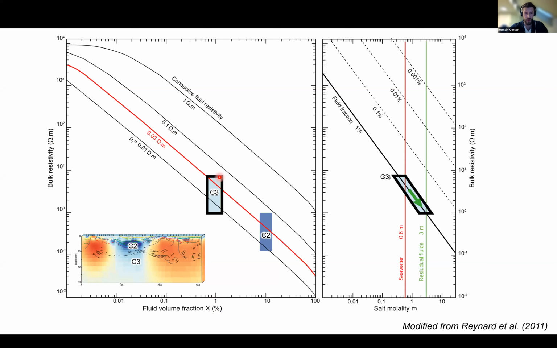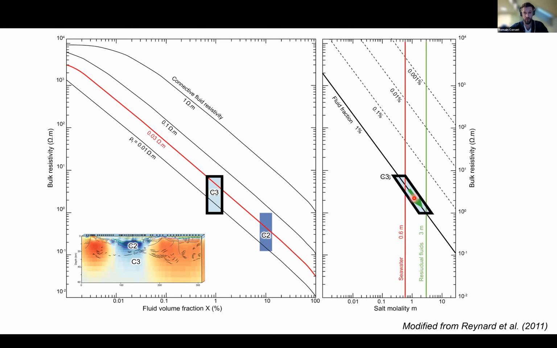What you can see is that, to explain this anomaly, you need a much more conductive fluid, much more than seawater. We know that in the crust and in the sediments, seawater is the main saline fluid reservoir. So to account for this anomaly, you need to transform this fluid and make it more saline.